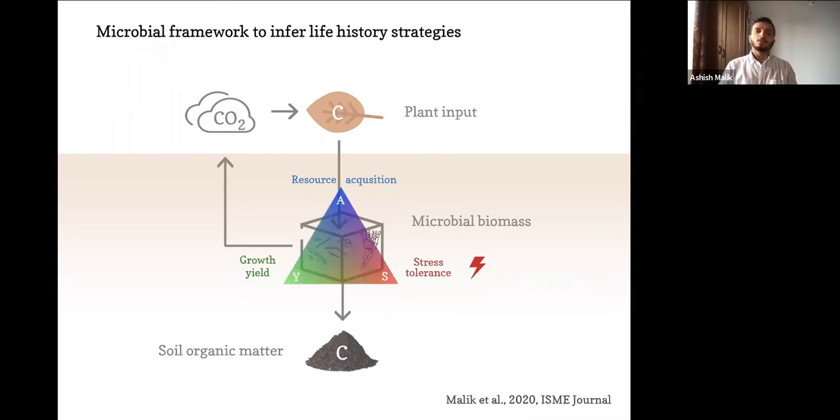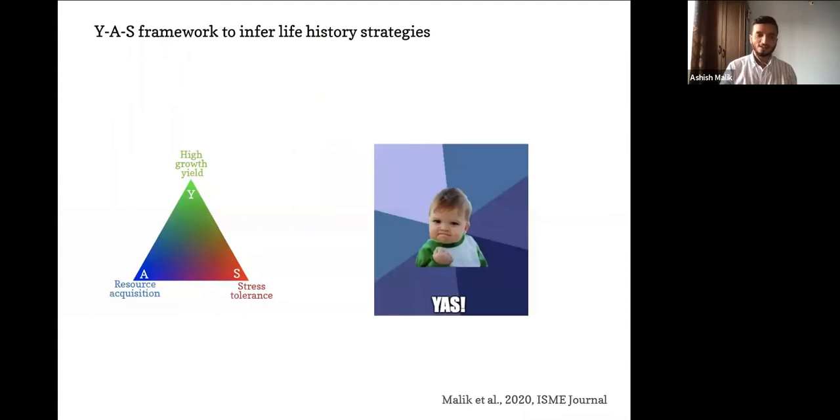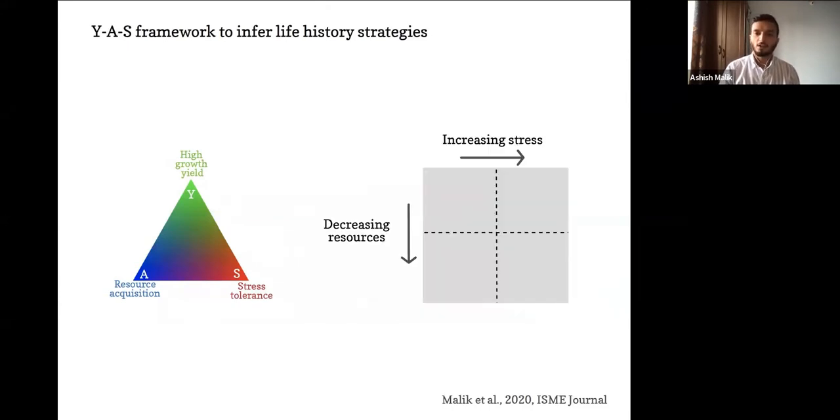So keeping this perspective, we put forth a framework where we chose these three life history strategies along two main environmental gradients. So this is the YAS framework, the high growth yield, resource acquisition, stress tolerance framework to infer life history strategies of microbial populations along environmental gradients.